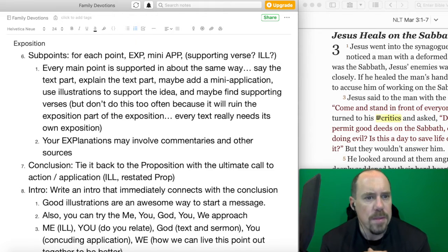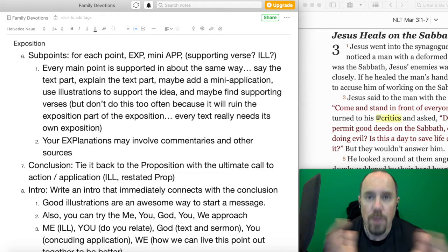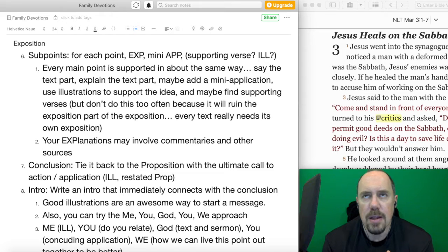Don't do that. Your explanations may involve commentaries and other sources. My explanations frequently involve commentaries. The commentary that I particularly like nowadays is the NIV Application Commentary. I've also liked the Life Application Bible Commentary. That is really, really easy to access material.